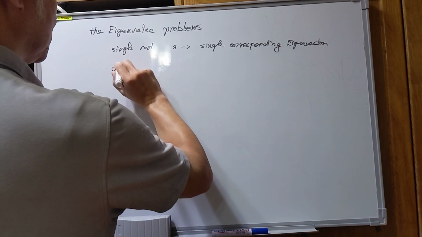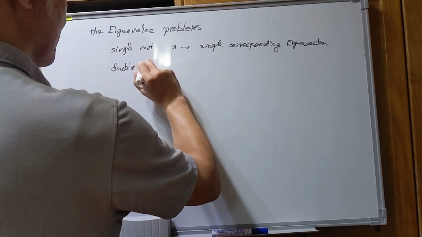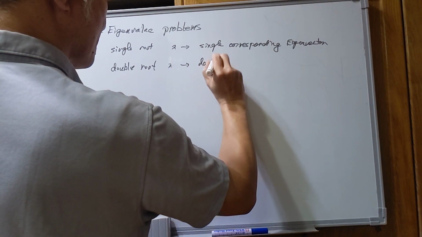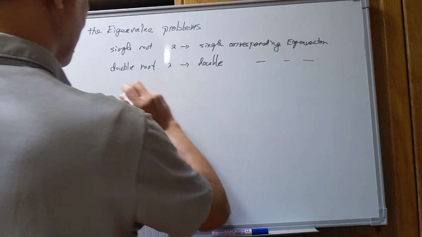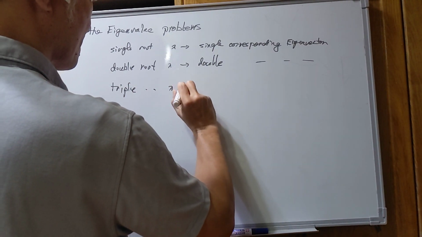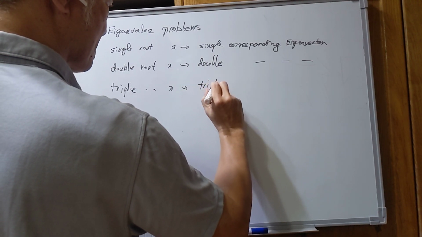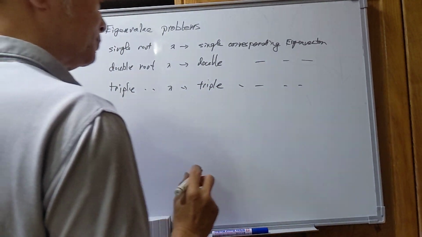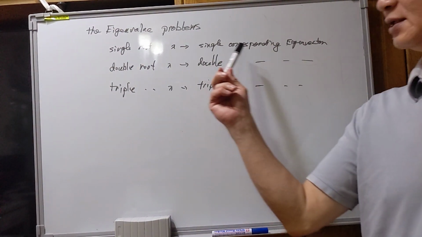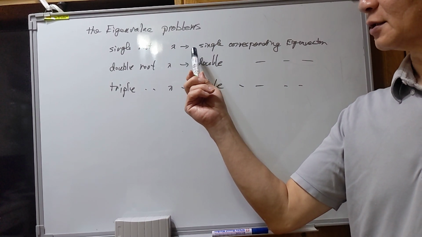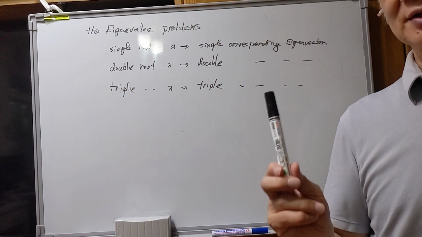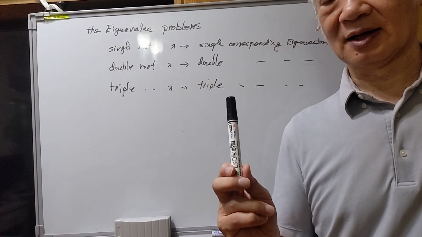For the single root of the problems, you can find a single independent eigenvector.